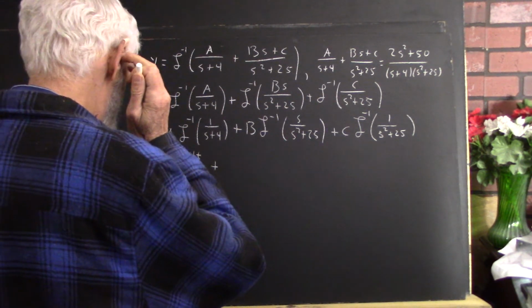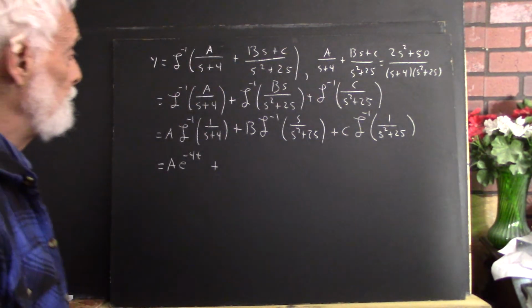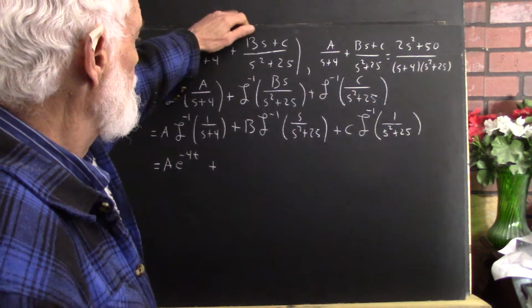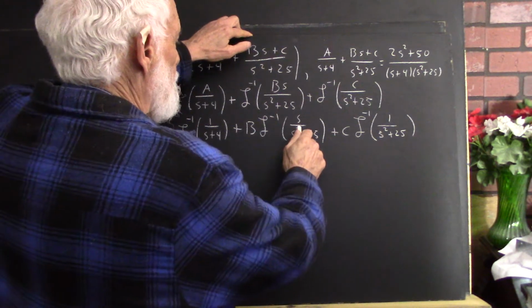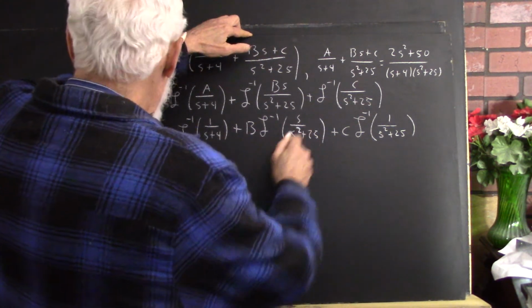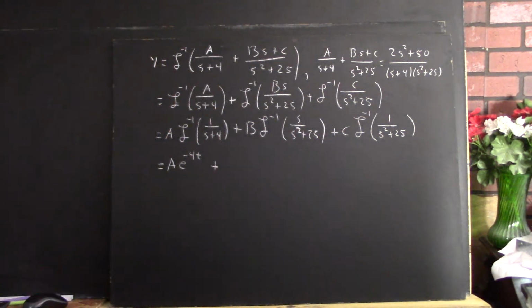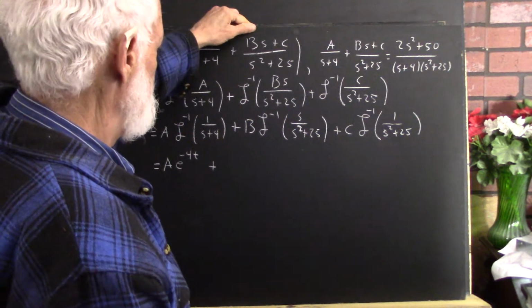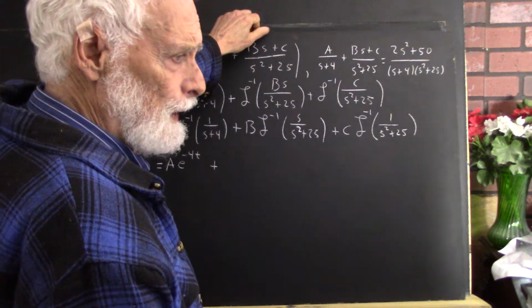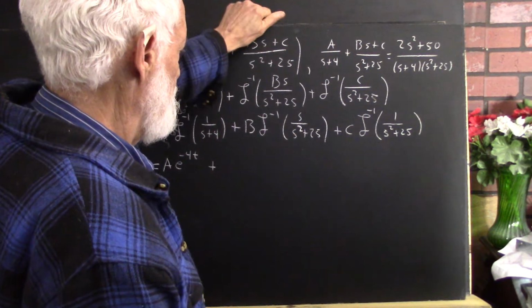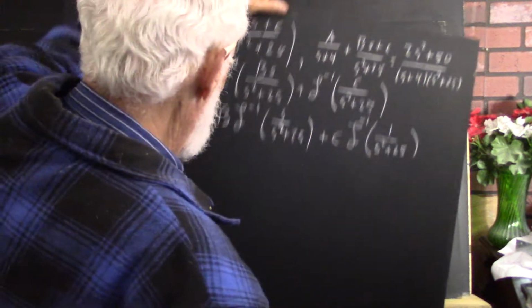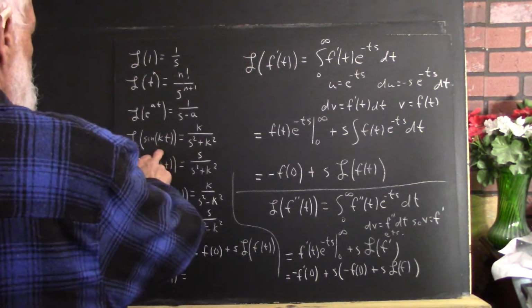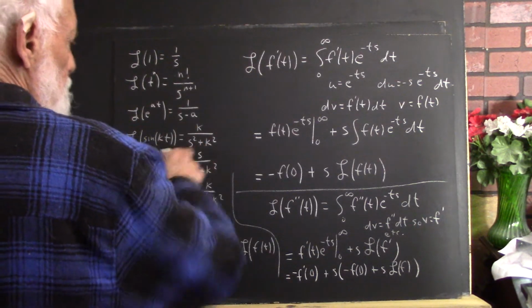Now this is a little more complicated, because remember that the Laplace transform of sine of kt is k over s squared plus k squared.